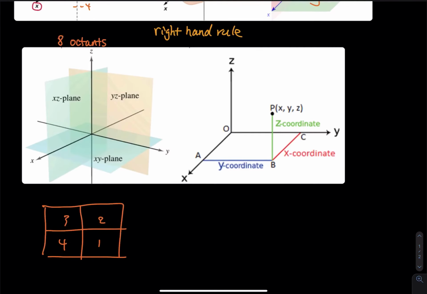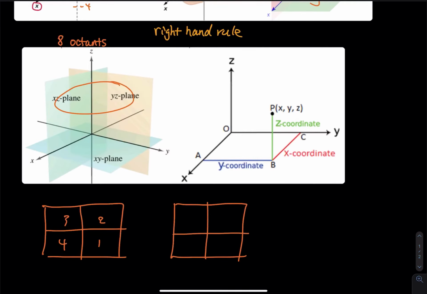And then downstairs, right below 1, 2, 3, and 4, in the lower level, we still have another 4 octants. So we call those 5, 6, 7, and 8. So that's why we have 8 octants.